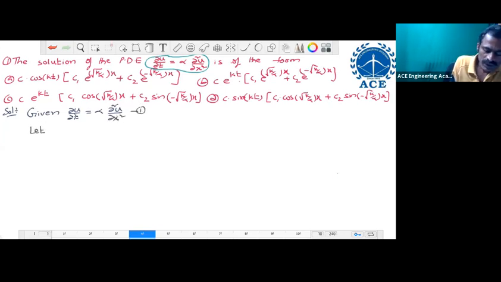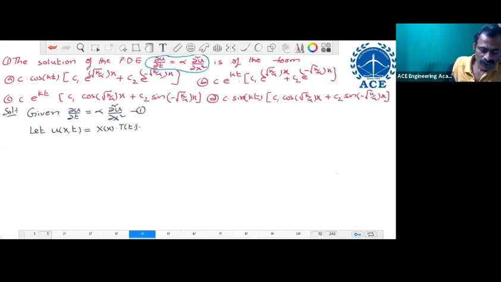According to the first step, we should write u as a product of two functions. Each function should be a function of one independent variable only. So here u of x comma t is the required solution. But initially we write this as a function of one independent variable into again a function of one independent variable. X of x into T of t like this.